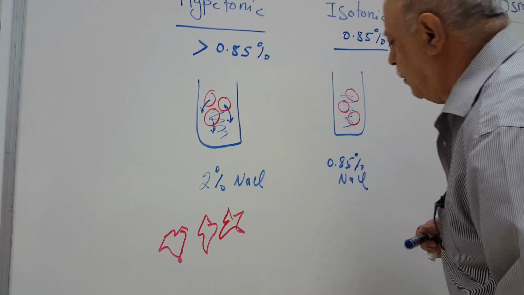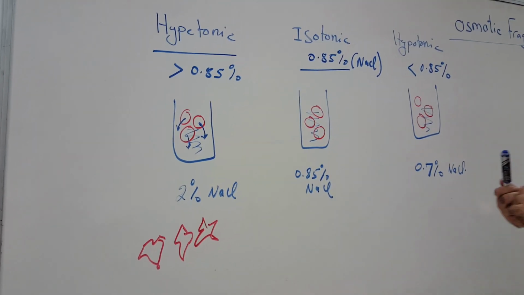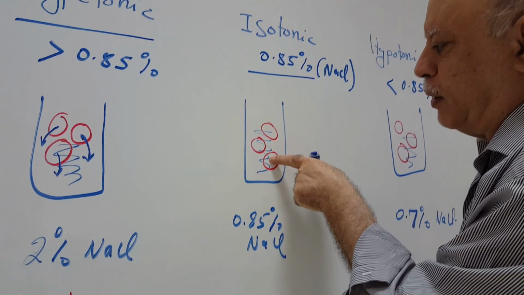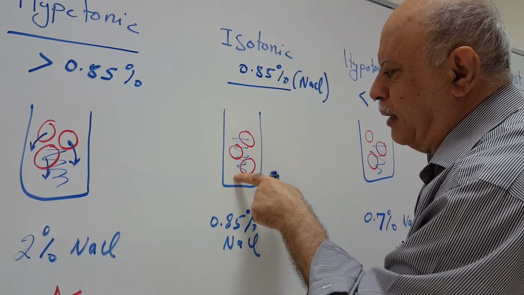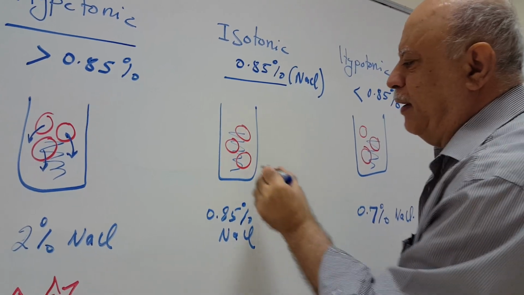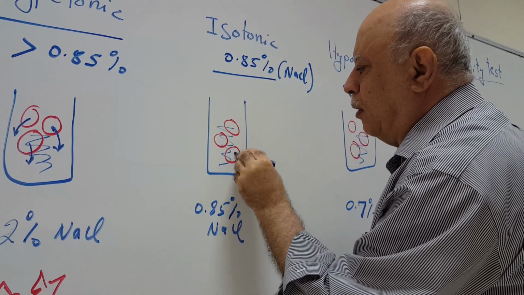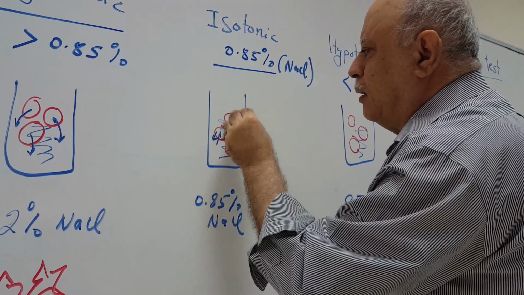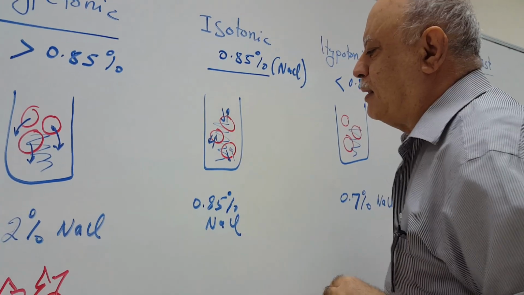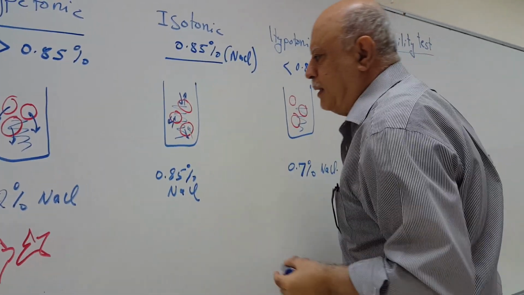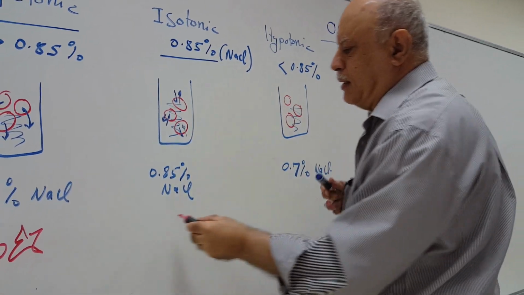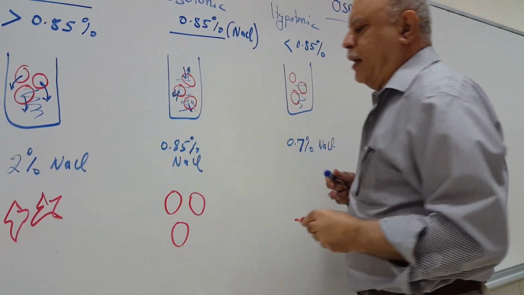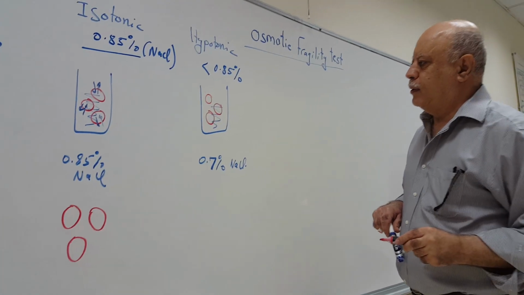As it loses water. Here we have sodium chloride solution inside the RBC equivalent to 0.85, and outside in the solution 0.85. So the same amount of water goes in and out, exactly the same. So the RBC will stay the same. It doesn't lose water or gain water.